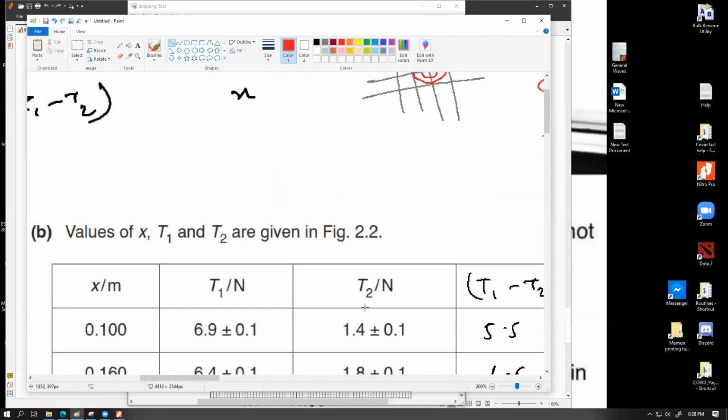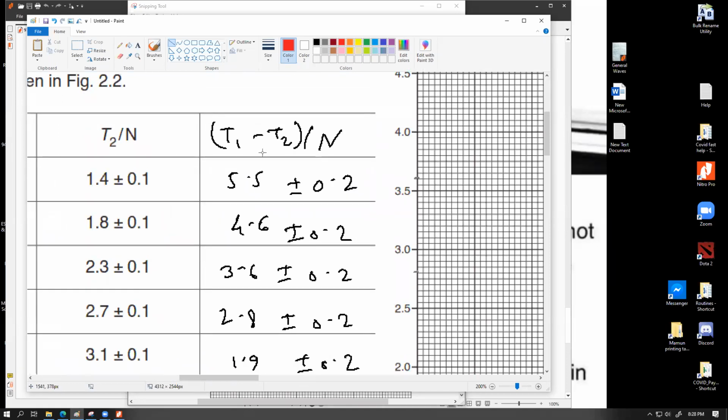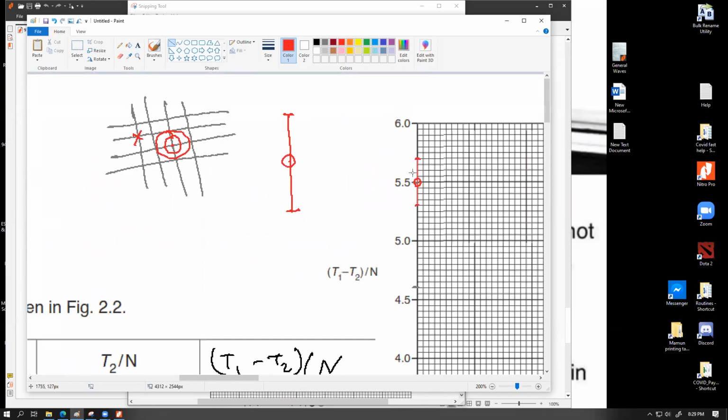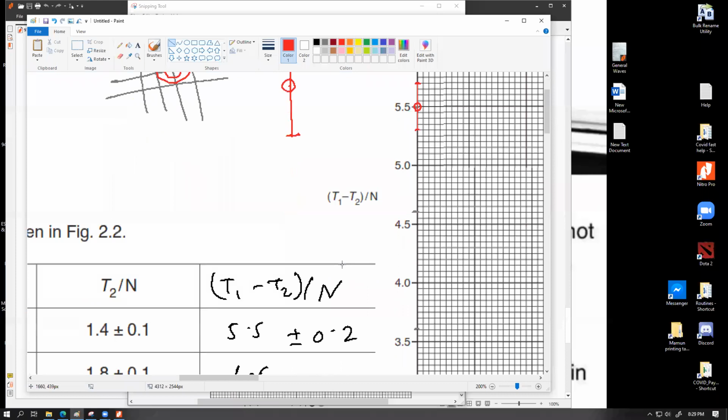4 divisions, because we are trying to represent an error amount of 0.2. Yes sir. So how many vertical divisions? Because the errors in this case are on the y-axis. This is the y-axis variable. How many vertical smallest divisions cover 0.2 amount? 0.2 represent করার জন্য আমাদের কয়টা ডিভিশন দরকার?